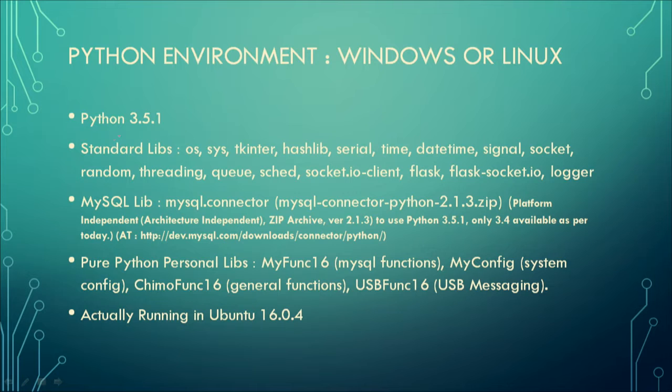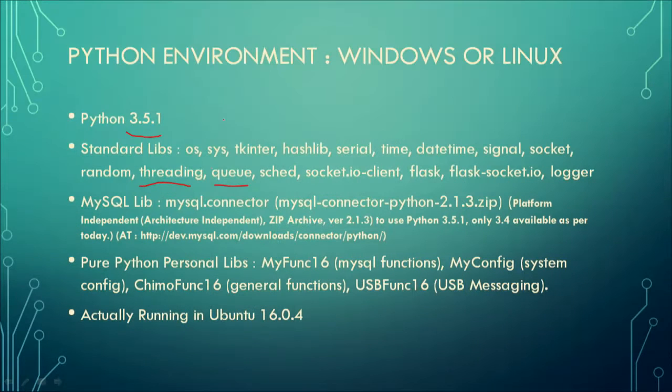The environment is Python 3.5.1. For the devices that are accessing the server, it's still 3.4. The server is based on threading and queues. They share nothing. They communicate with each other using queues.